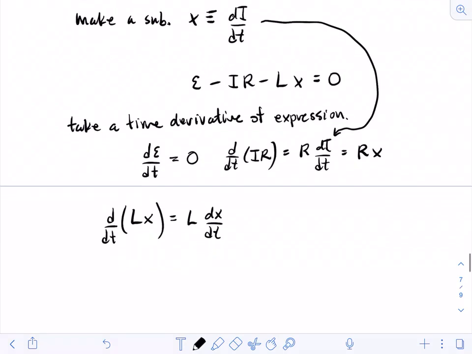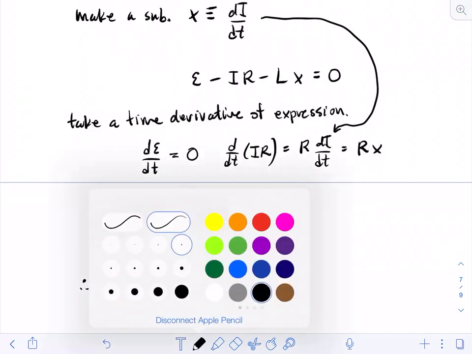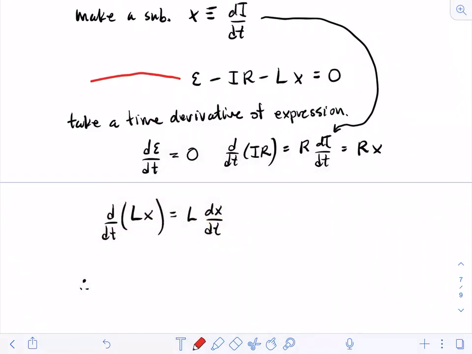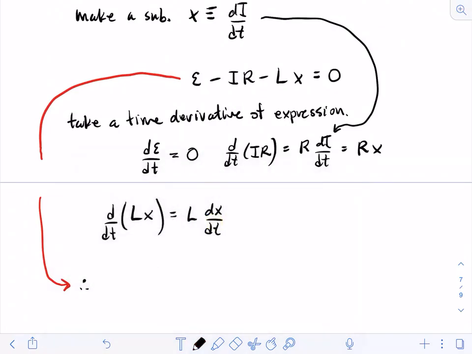All right, therefore, our expression, after taking the time derivative, becomes 0 minus Rx, because we've taken the derivative, and then we have minus L dx/dt.